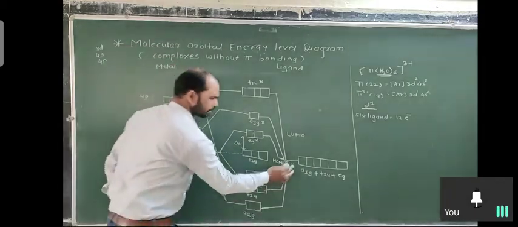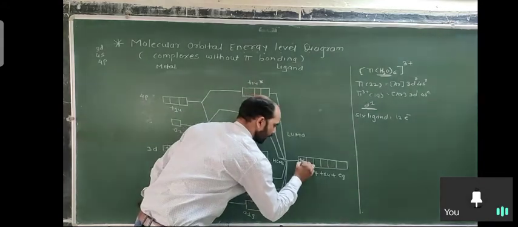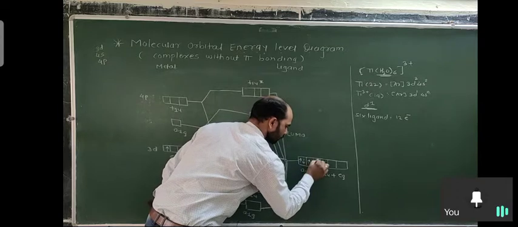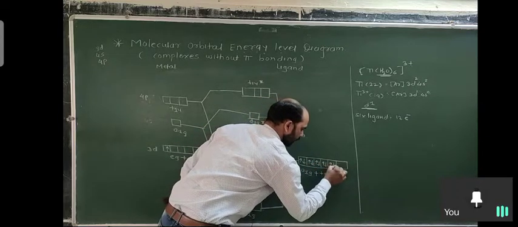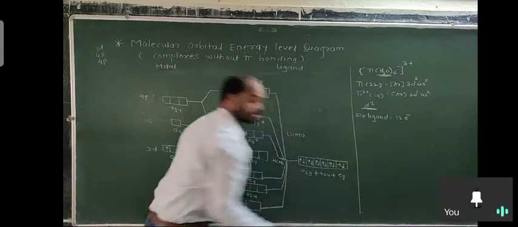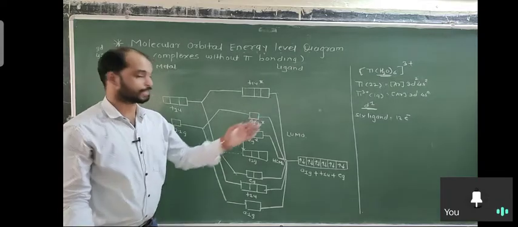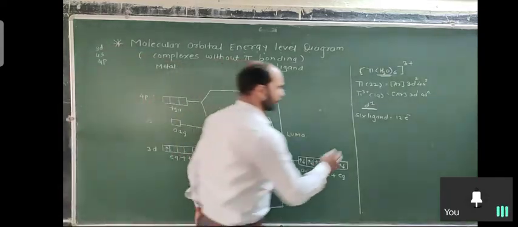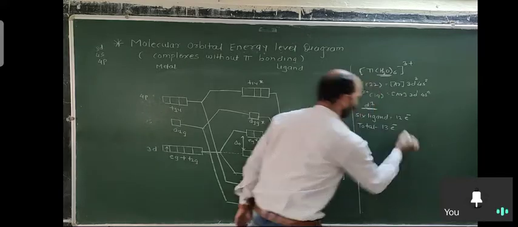So these bonding orbitals are always completely filled, because the 6 ligands donate 12 electrons. Each ligand donates 2 electrons, so from the ligands 12 electrons, and from the metal 1 electron. So how many in total?